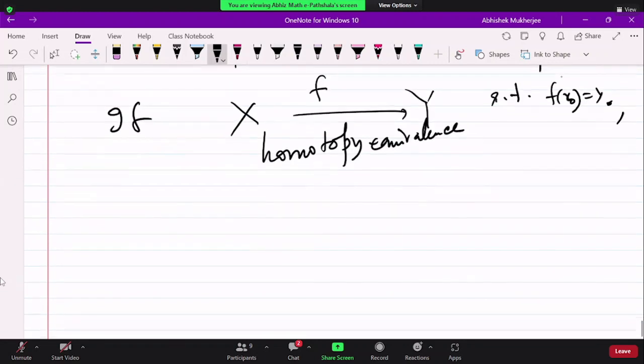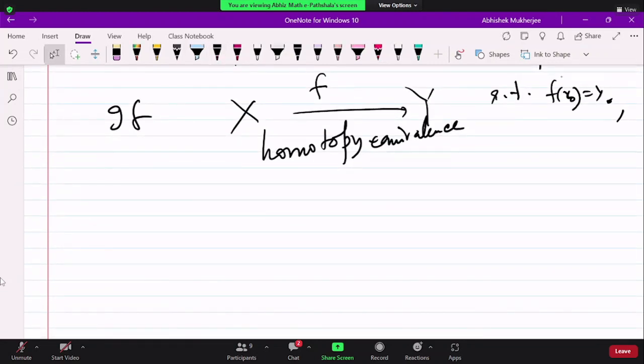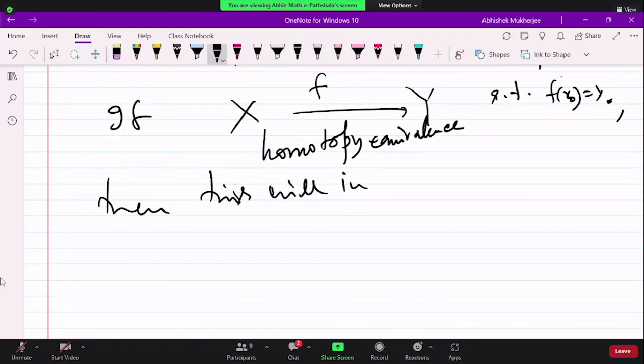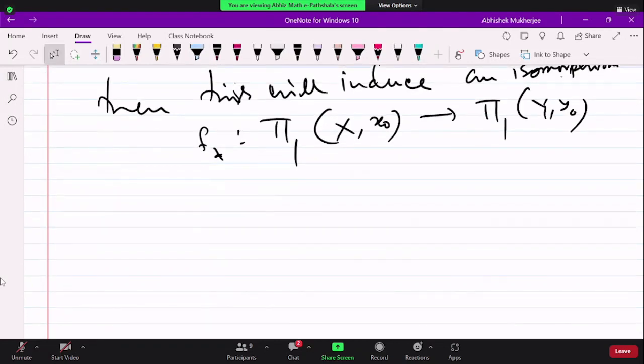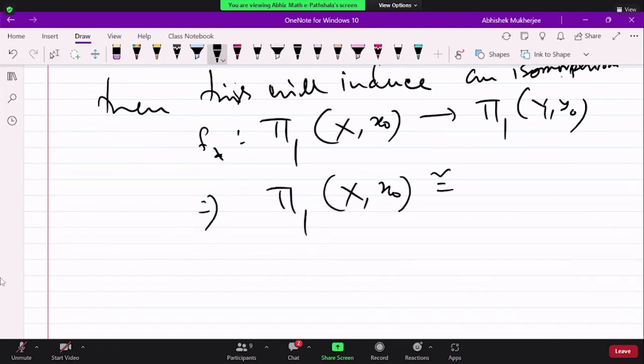Then this homotopy equivalence will induce an isomorphism F star from the fundamental group of X to the fundamental group of Y, which implies that they are isomorphic, right?